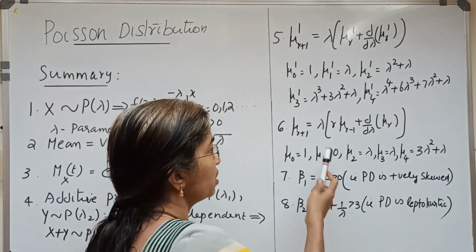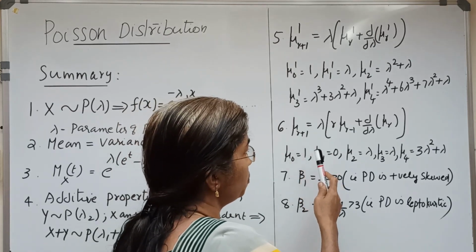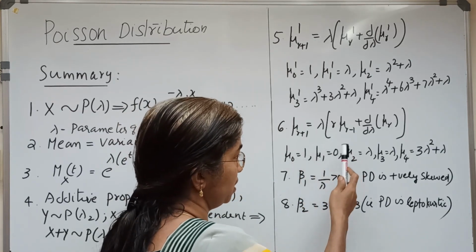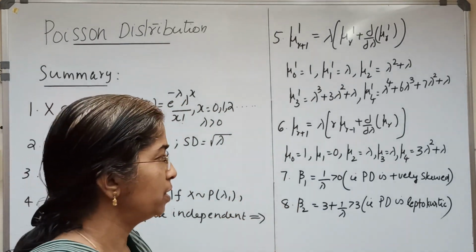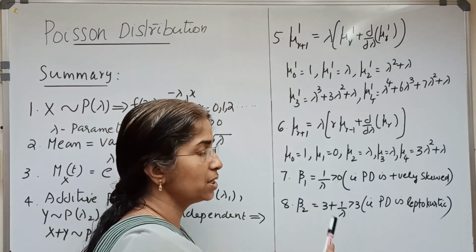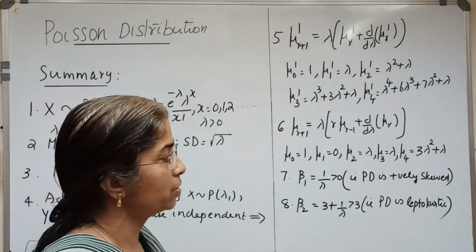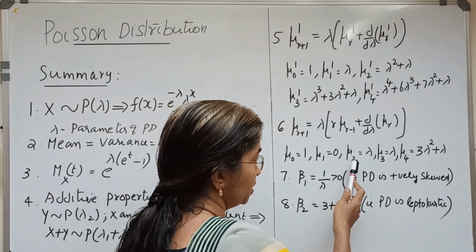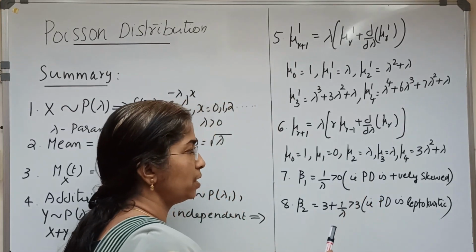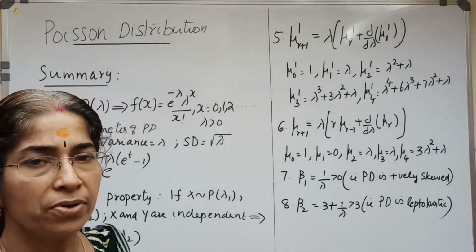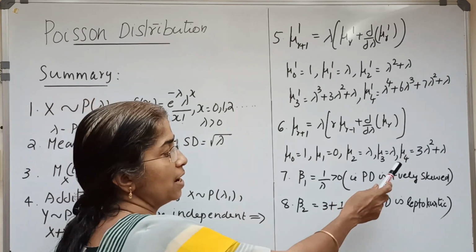So if we have mu r, we can obtain mu r plus 1 using this relation. We have mu naught equal to 1, mu 1 equal to 0 for any distribution. Then for Poisson, mu 2 equals lambda, mu 3 equals lambda, mu 4 equals 3 lambda square plus lambda.